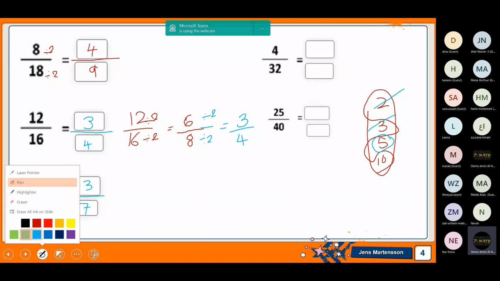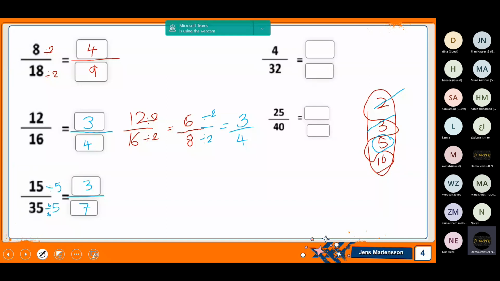Now, Noor, from 15 and 35, can you give me a general rule? If you look at the number, how can you know if it's divisible by 5?